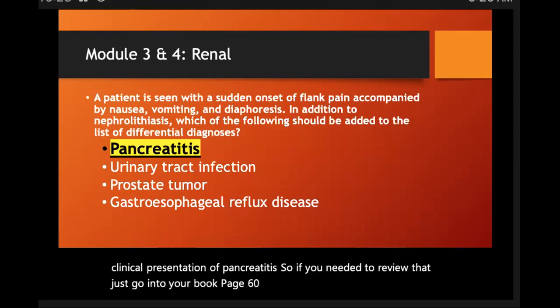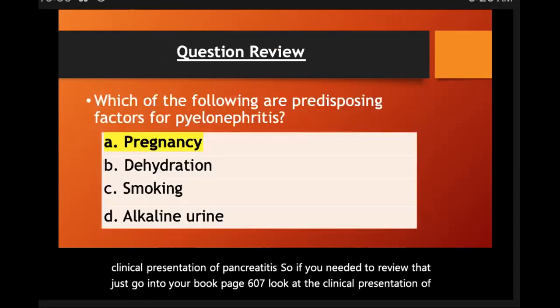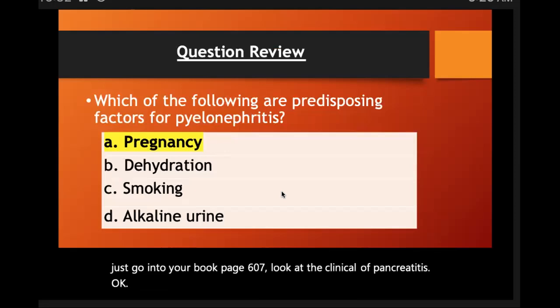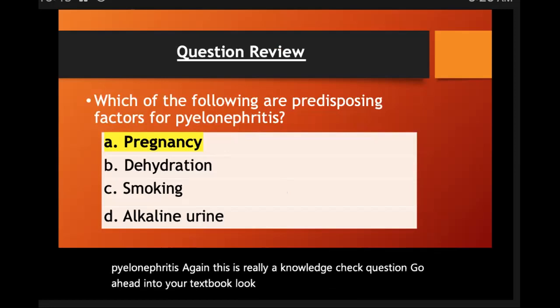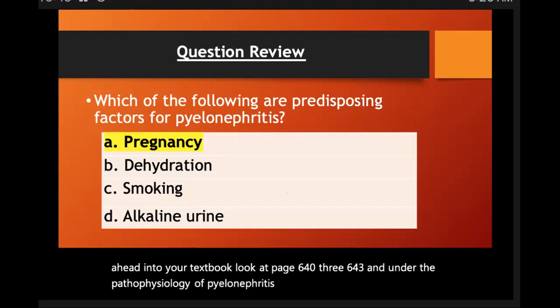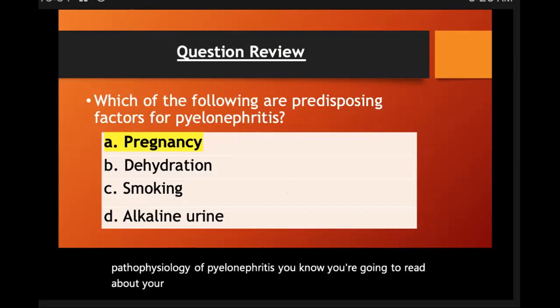Also, for predisposing factors for pyelonephritis, again, this is really a knowledge check question. Go into your textbook, look at page 643, and under the pathophysiology of pyelonephritis, you're going to read about your predisposing factors and how pregnancy makes you very high risk.